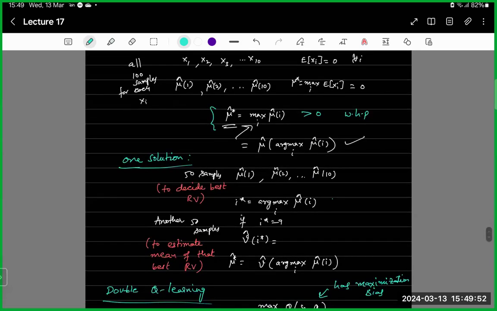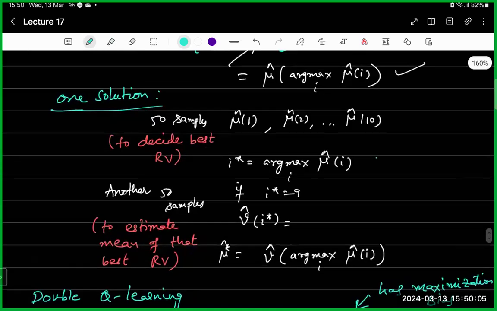Instead of using all the 100 samples to find the average of each action, you just use the first 50 samples and decide which is the best action to take. And once you decide which is the best action, then you use another 50 fresh samples of that particular action to find the average of that action.